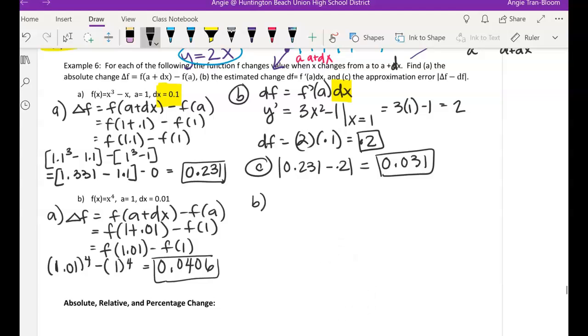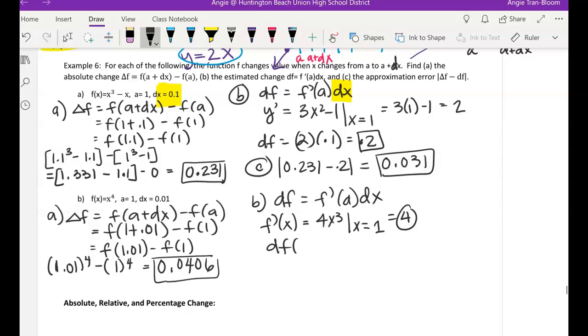Then B, it's the approximate change, which the formula says df equals the first derivative at a times the change in x. So let's do the first derivative. F prime of x is 4x to the third. I need to evaluate it when a is at 1, so this is going to be 4.